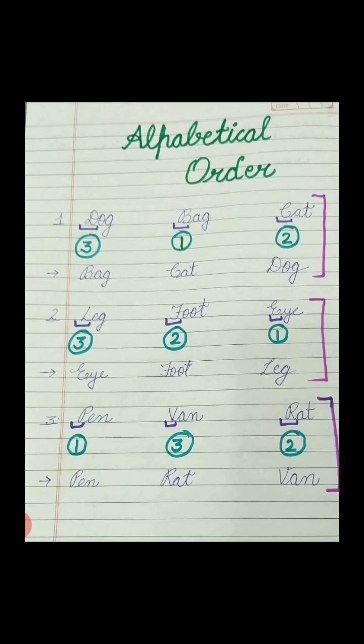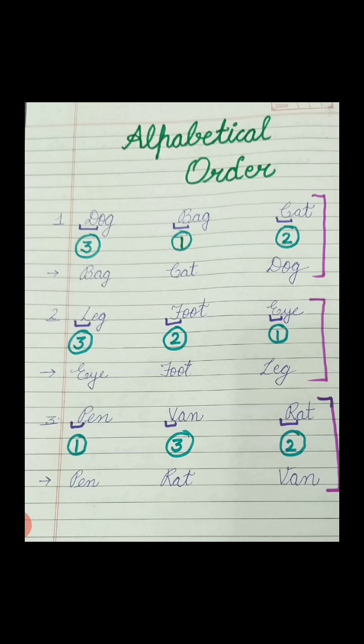So, what is the first letter in pen? P. What is the first letter in van? V. And what is the first letter in rat? R. Well done. Now, recall the alphabet and tell me what will come first, P, V or R?